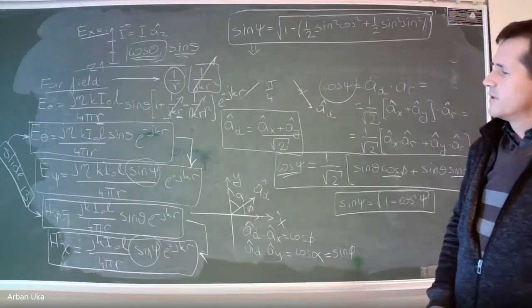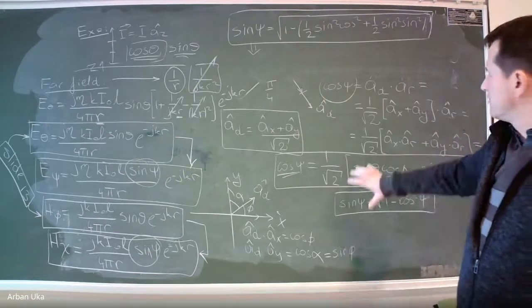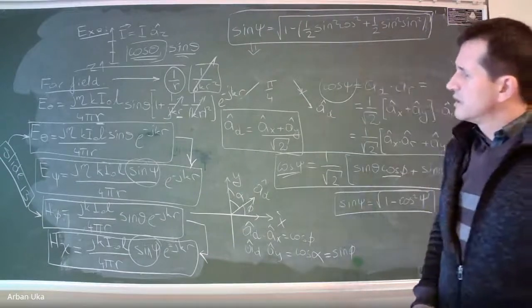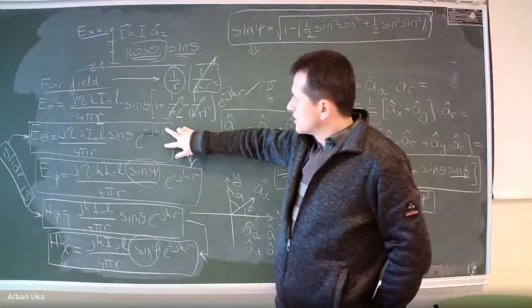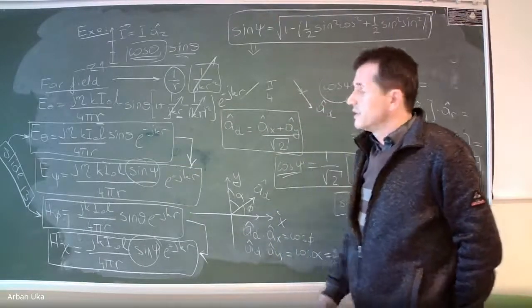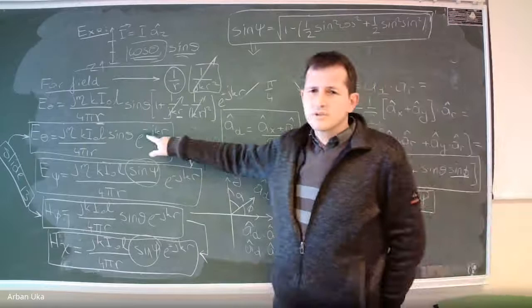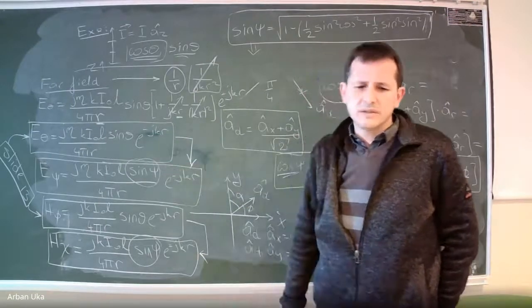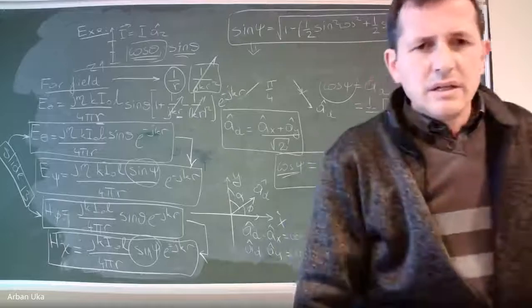The only tricky part was getting this term, and then we just get these equations that we have calculated before, and we substitute. In fact, the only thing that we substituted was this sine theta here with the sine psi in here. Any question?